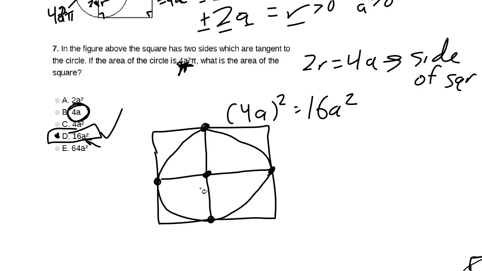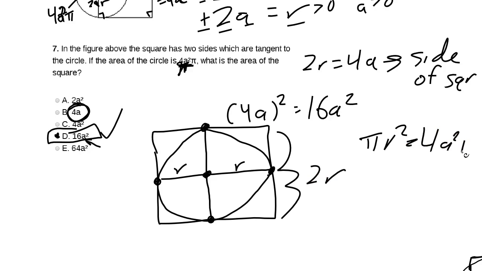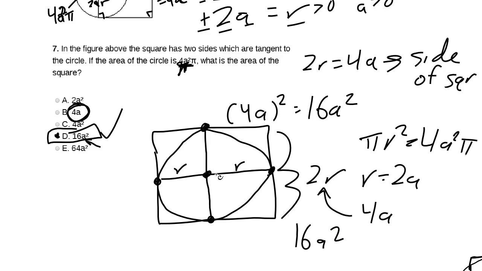And this would still be tangent here, and I'd have R here, R here. The side would be 2R, and I'd have pi r squared equals 4a squared pi, and I'd have r equals 2a, and the side of the square is 4a, and the area of the square would be 16a squared, even if the circle was right smack dab in the center of the square. So it doesn't actually matter.